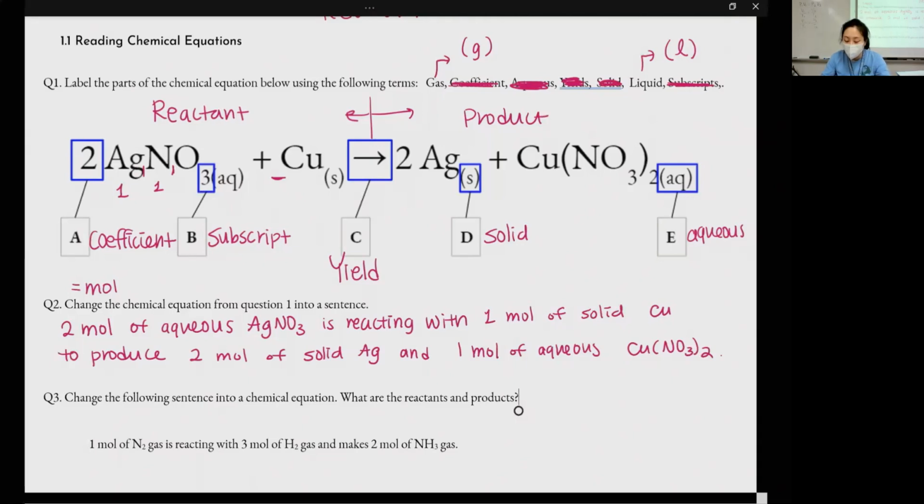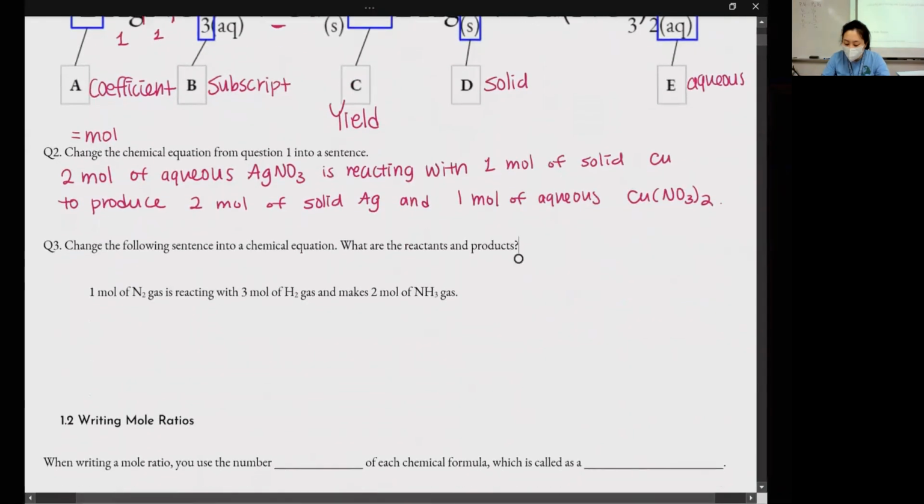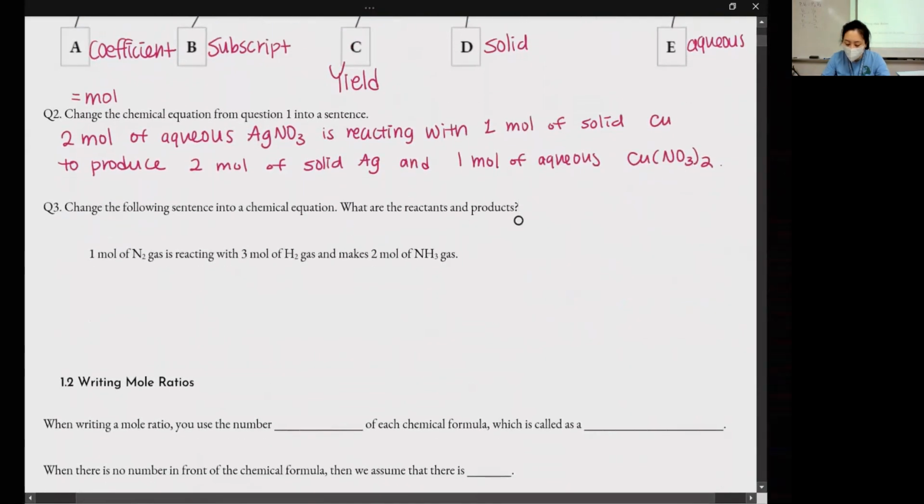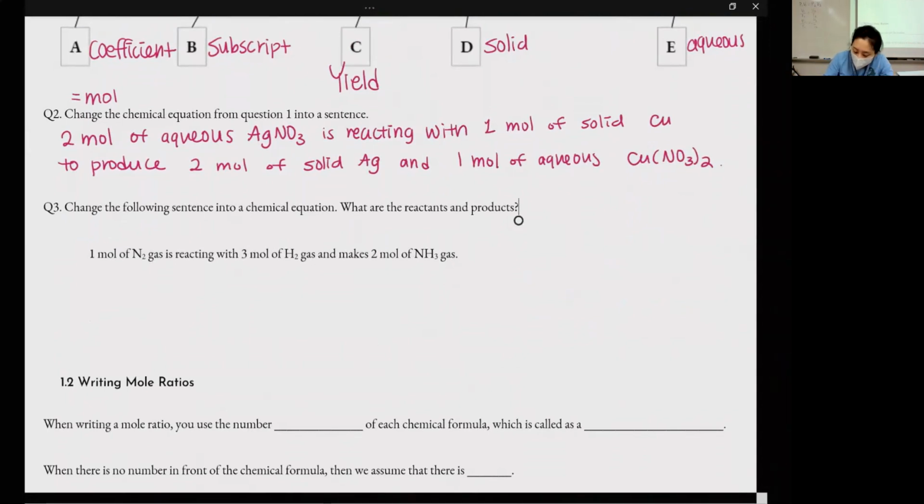All right. So now we're gonna change the following sentence into a chemical equation. What are the reactants and products? This is when we go in reverse. It says 1 mole of N2 gas is reacting with 3 moles of H2 gas and makes 2 moles of NH3 gas. So it gives you all of those 3 things that I asked you to put.